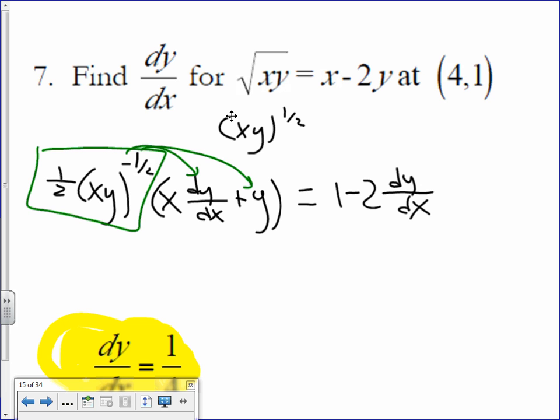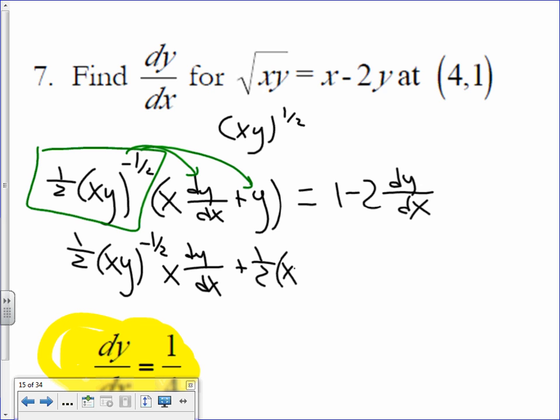You'll have two terms on the left after you distribute. One will have a dy dx and one won't. So you're going to have 1/2 xy to the negative 1/2 times x dy dx plus 1/2 xy to the negative 1/2 times y equals 1 minus 2 dy dx.